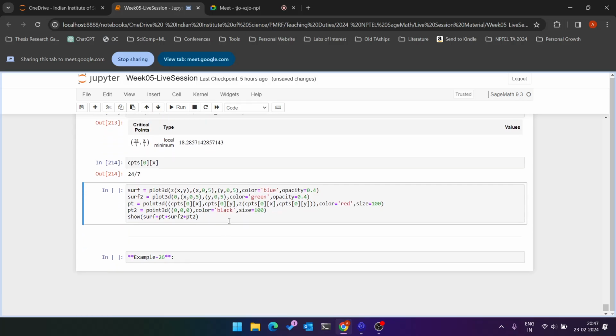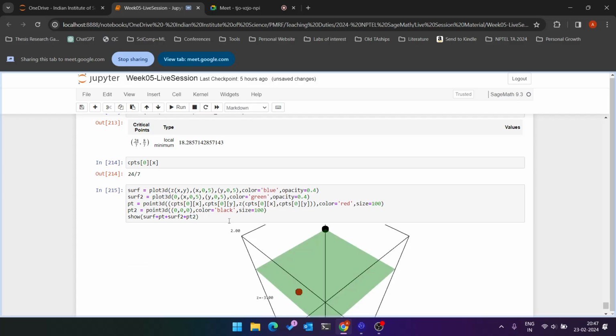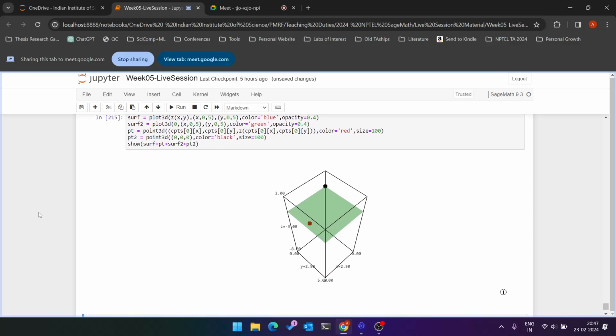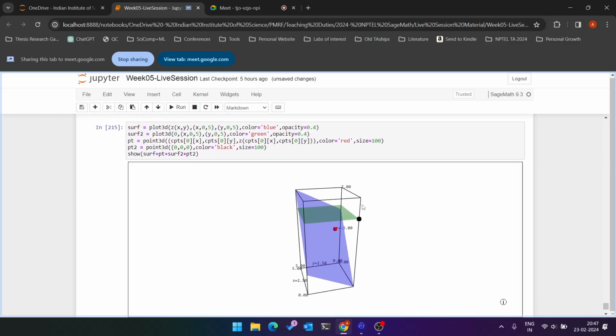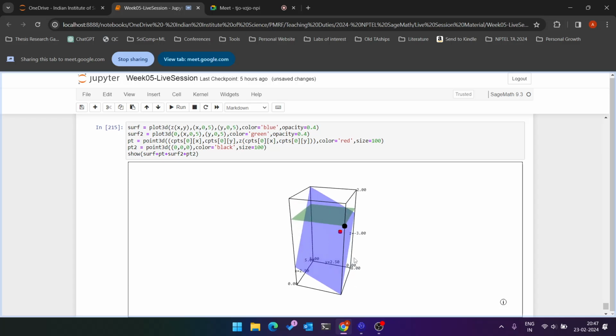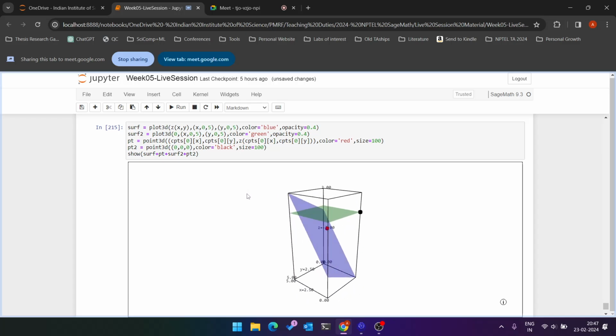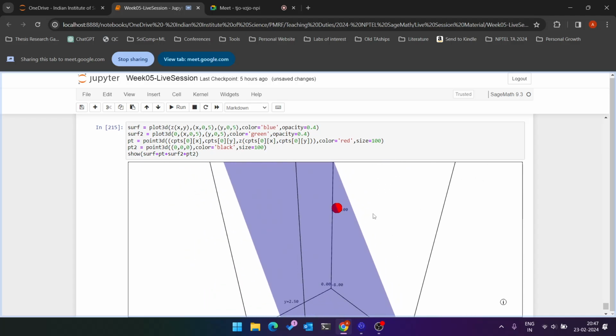Right, now I'm plotting the function surface, and let's see what all we have plotted. First we have a blue plot for Z of x, y. So blue is my plane. Next I have a green plot for Z equals 0, and my x and y are between 0 and 5. I am also plotting a black point, which is basically at 0, 0, 0. So this is the origin.